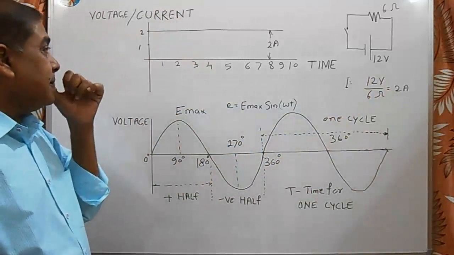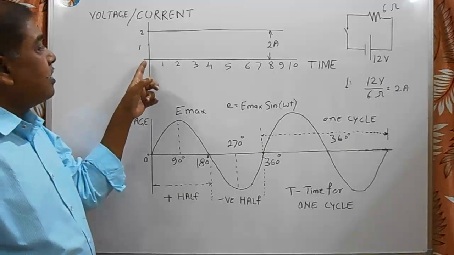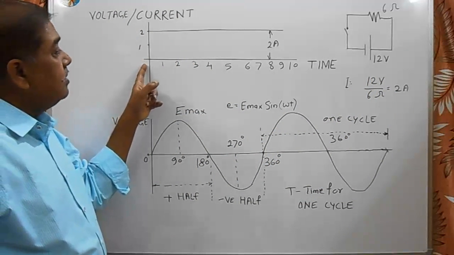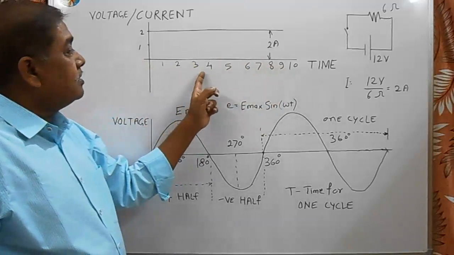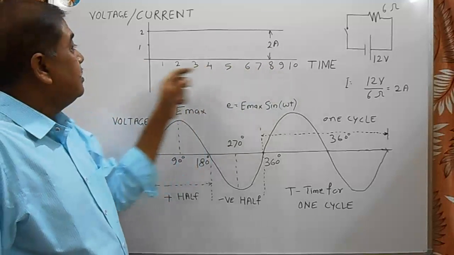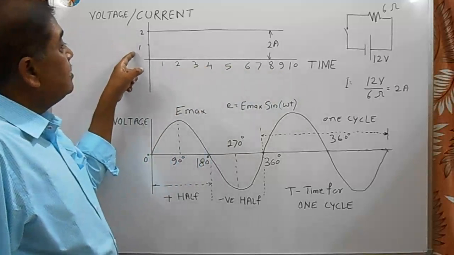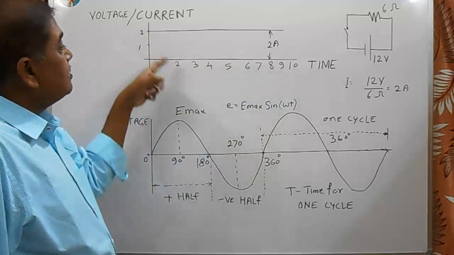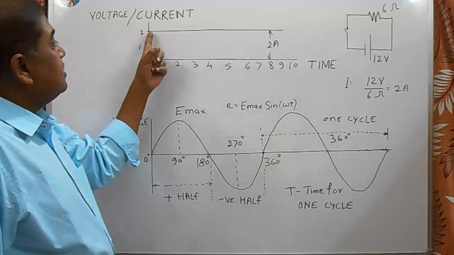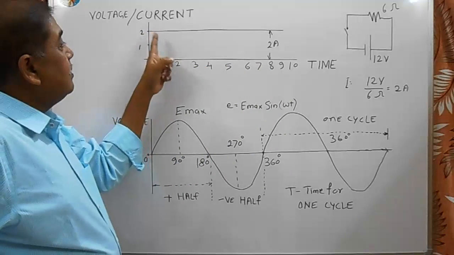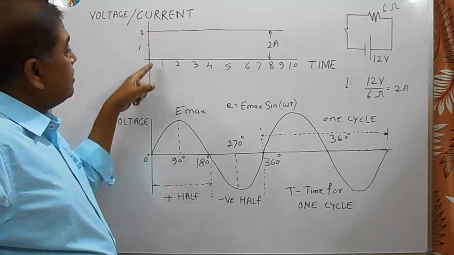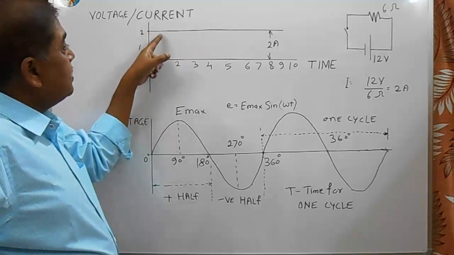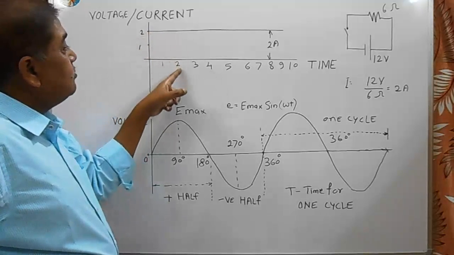We can draw a graph like this. Here this line is the time axis, 1 second, 2 second, 3 second, 4 second, 5 second, and this is the current axis. Here we have drawn current versus time. The 2 ampere current is shown by this line. The current value is 2 ampere at 0 second, 2 ampere at 1 second, 2 ampere at 2 second.